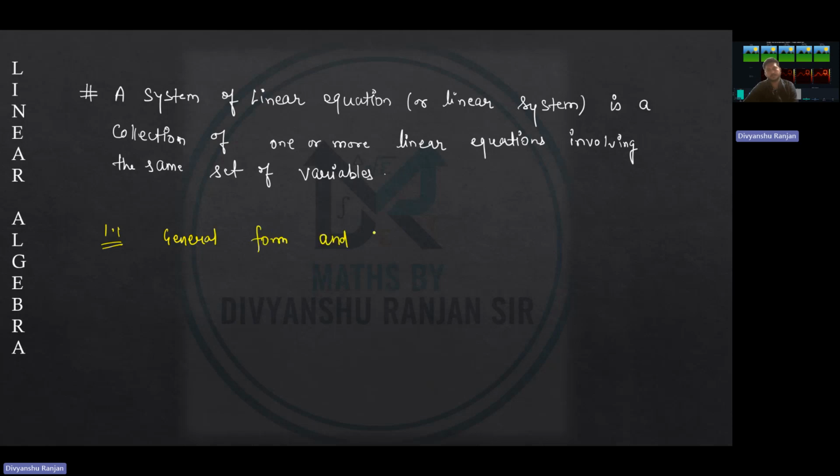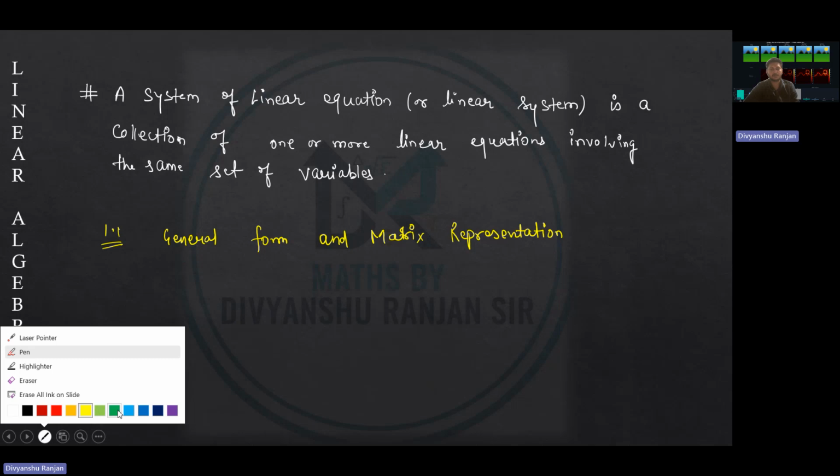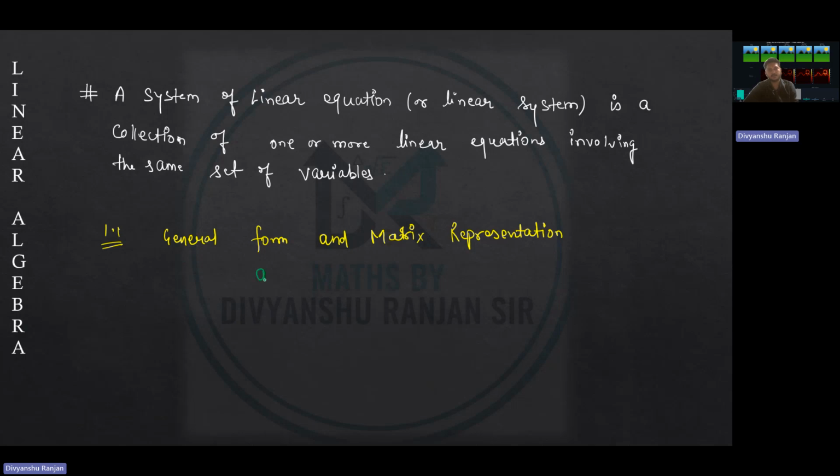General form and matrix representation. So the general form is basically like this: a11 x1 plus a12 x2 plus up to a1n xn is equal to b1. Similarly you write for b2 and so on.